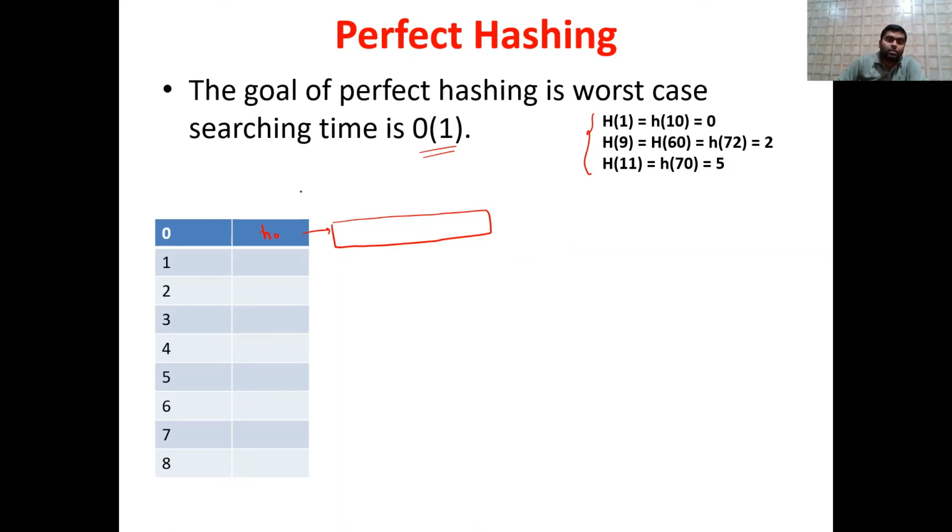This is our original hash table, and this is a small hash table. This h0 is a hash function for the individual set, a different hash function for each cell.